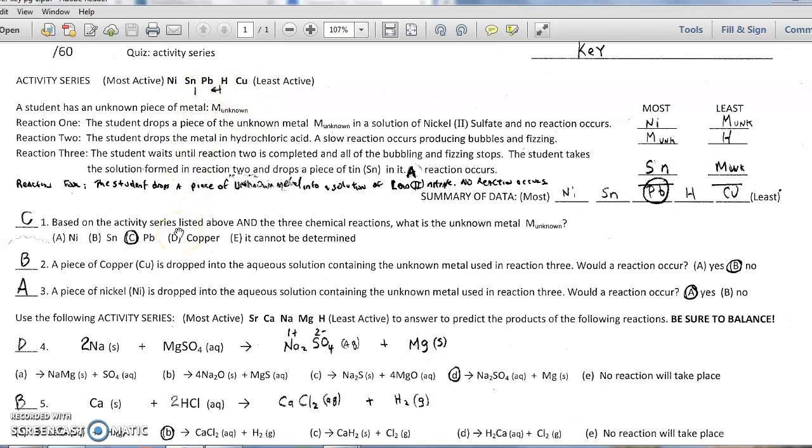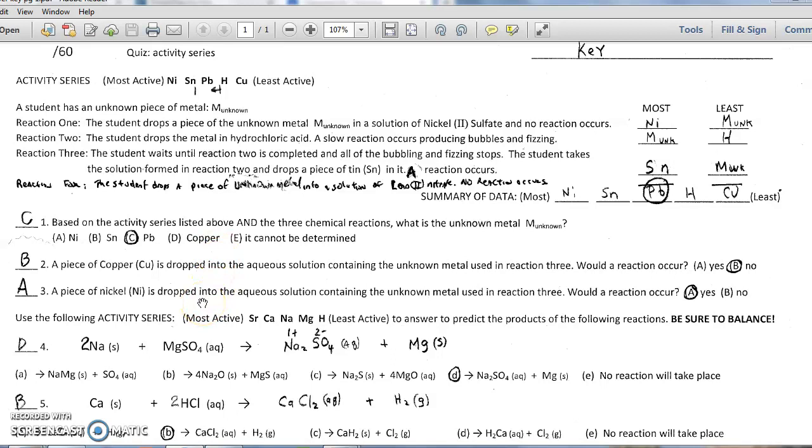So based on the activity series above, what is the unknown metal? It's lead. They drop a piece of copper in a solution containing the unknown metal. Would a reaction occur? No, it would not. Copper is less active than our unknown metal, so copper cannot displace or replace our unknown metal, which is lead.